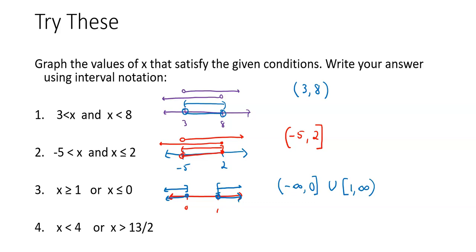All right, less than 4 or greater than 13 halves. 13 halves is the same thing as 6.5, right? 12 halves would be 6, so 13 halves would be 6.5. What happens over here? Nothing terribly shocking. Less than 4 or greater than 6.5. Here, let me write this the way the textbook would, with its open circle, closed circle stuff.